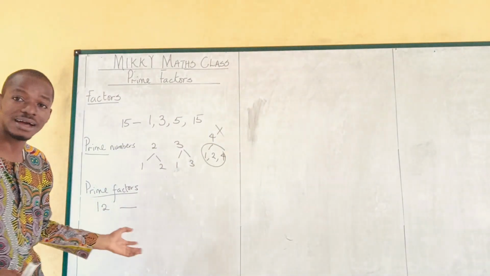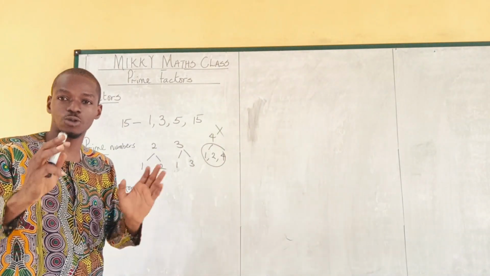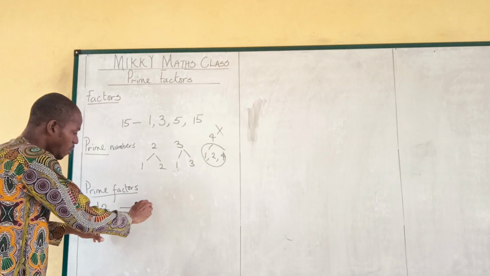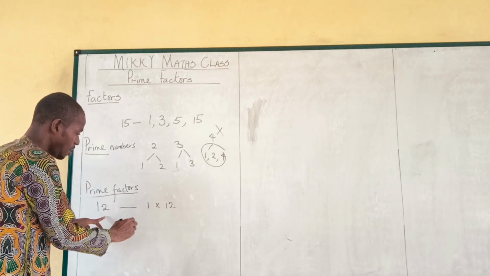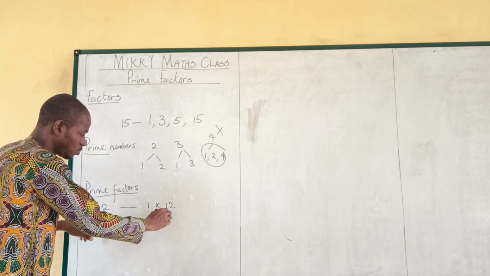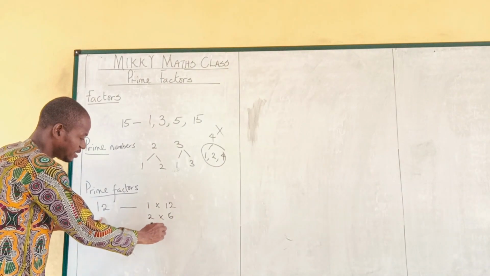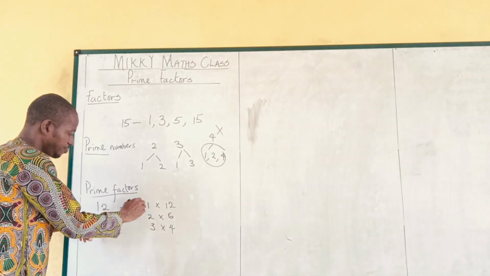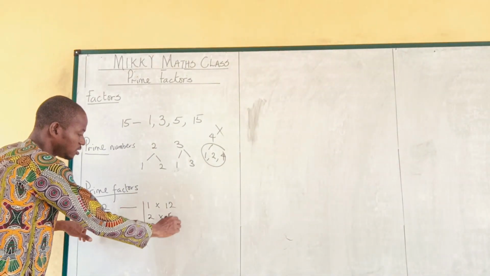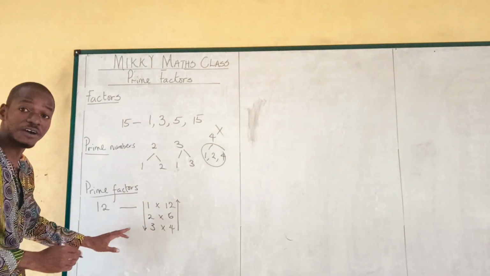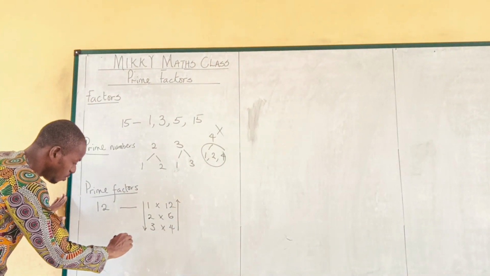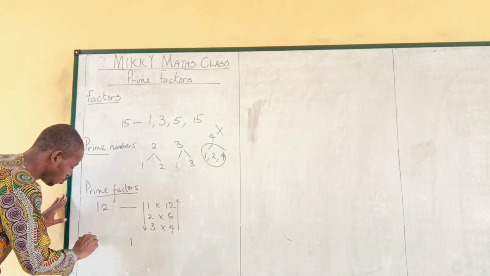That means those numbers that can divide 12. I can be asked to list them. I have 1 times 12. I have 2 times 6. I have 3 times 4. Read it downwards, upwards. So the factors of 12 are 1.